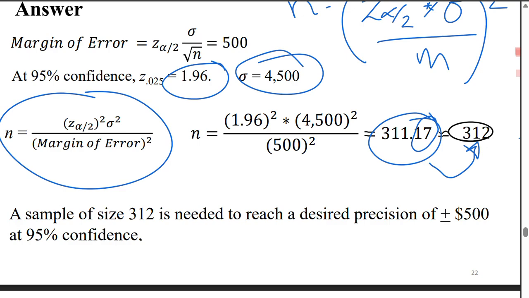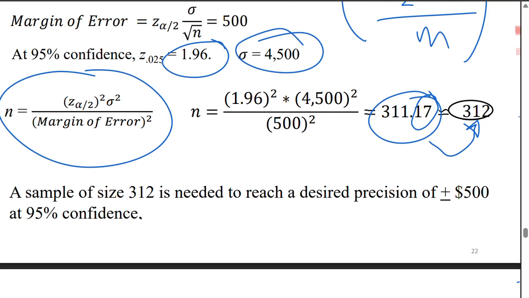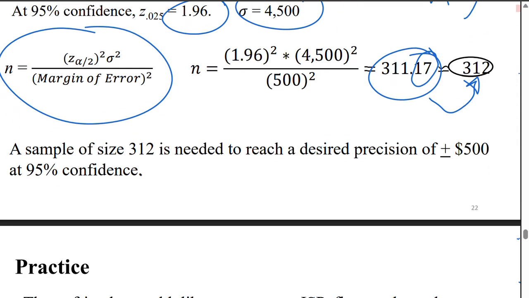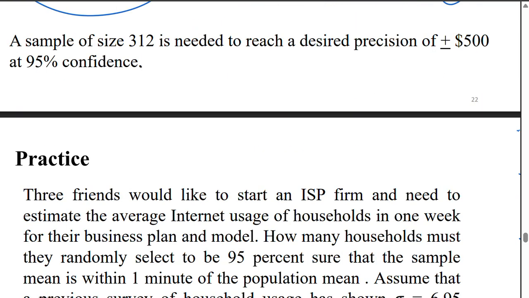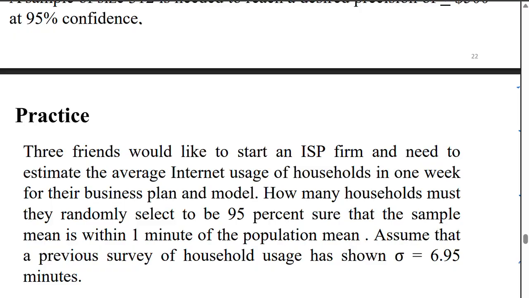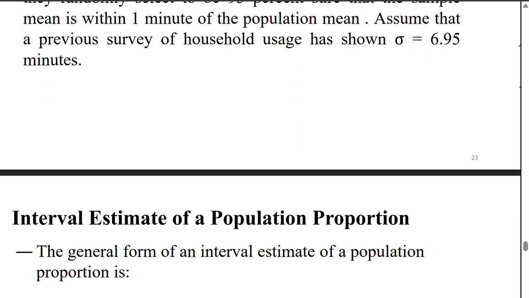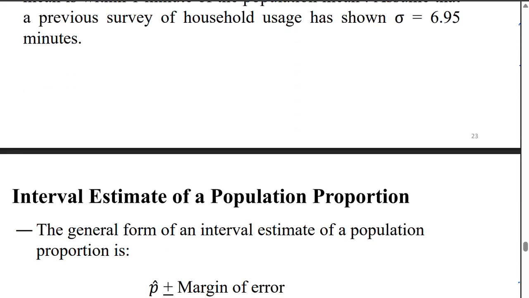We go up to a higher value of 312 instead of 311.17, which means to reach a desired margin of error of $500 at 95% confidence level, we need a sample size of 312. I would like you to spend some time and work on this practice question. We will discuss it in class when we meet.